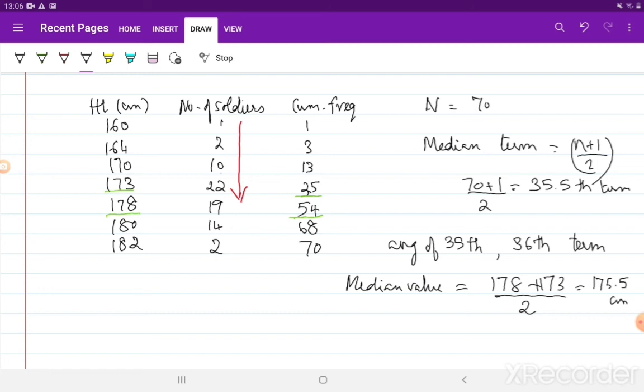So the median height of this group of observations is 175.5. Please remember that if your total number of observations is an even number, your (n plus 1) by 2 will give you a decimal such as 35.5, which means you have to take the average of the 35th term and the 36th term to arrive at the median value.